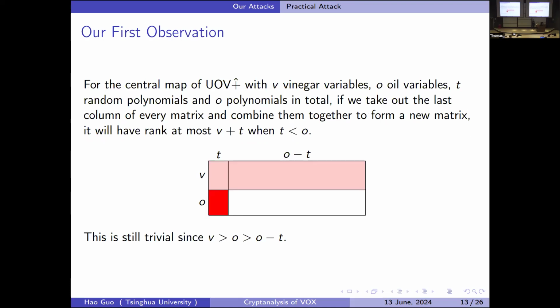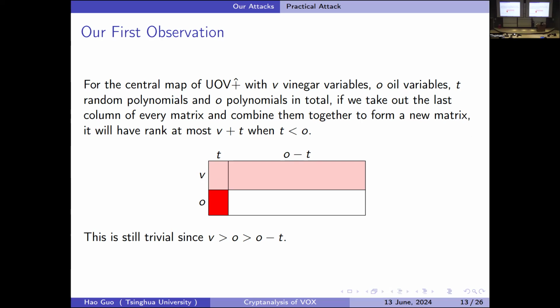Now we go to the second step for the central map of UOV hat plus. You remember that in the hat plus variant, there is a T random part here, which means that the first T polynomials are random polynomials. So the corresponding terms here are also random numbers and not zero. And we have that the rank here is considered to be two parts.